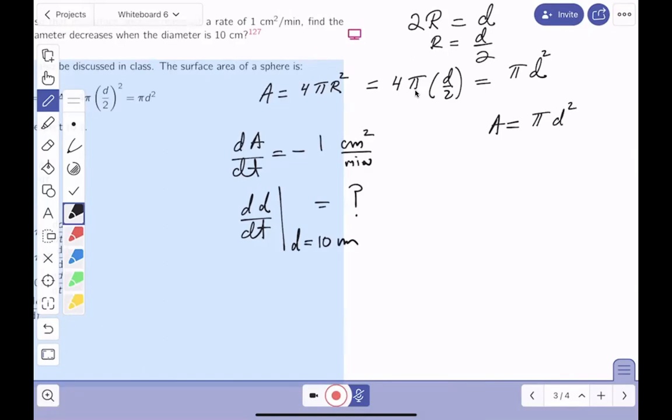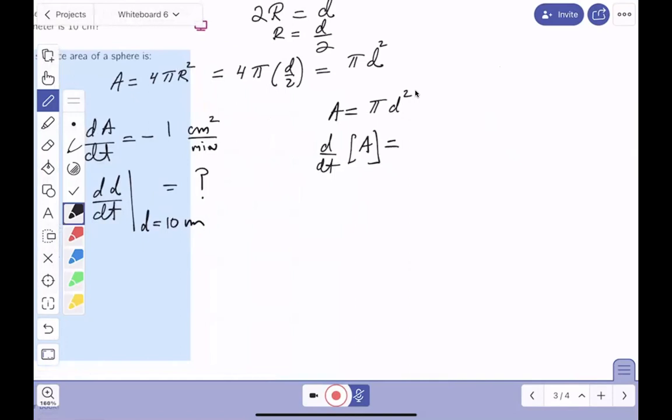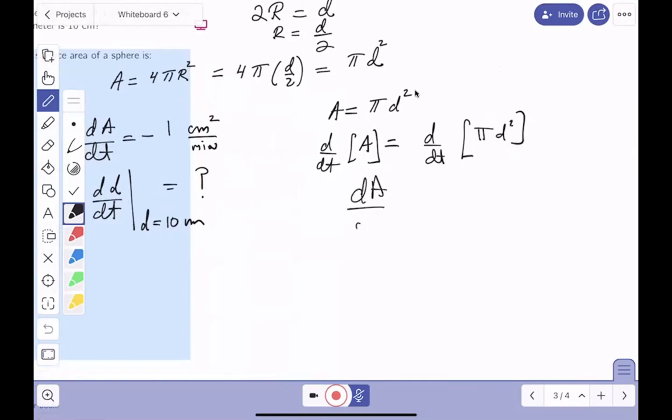Okay, so what are we going to do now? We need to do a derivative. We're going to take a derivative of both sides with respect to t. So d/dt of the left side, and we're going to do d/dt of the right side. What do you get? dA/dt equals, what would that give me?